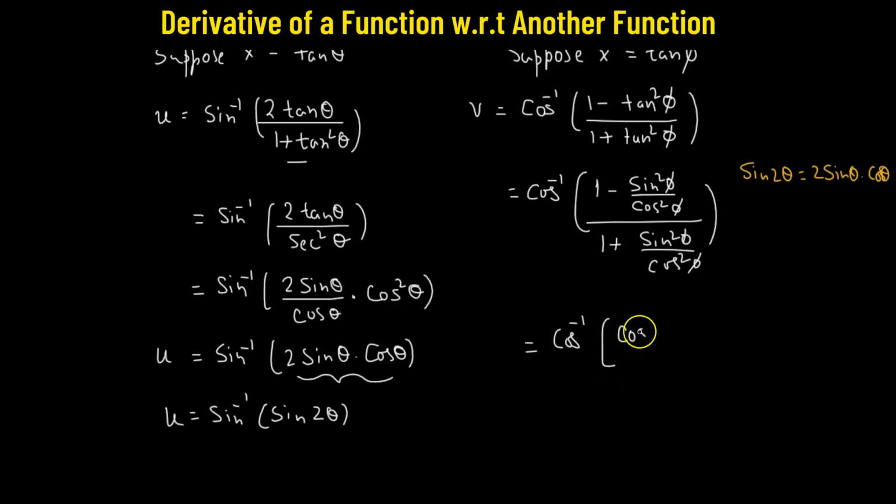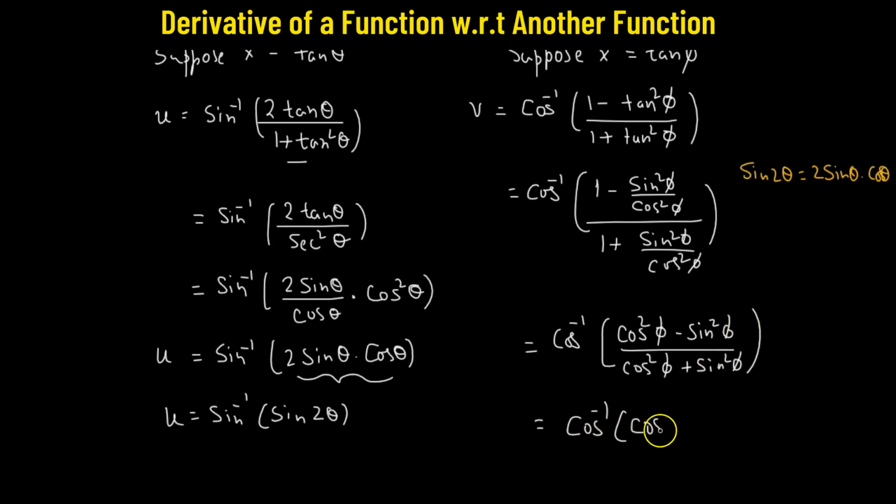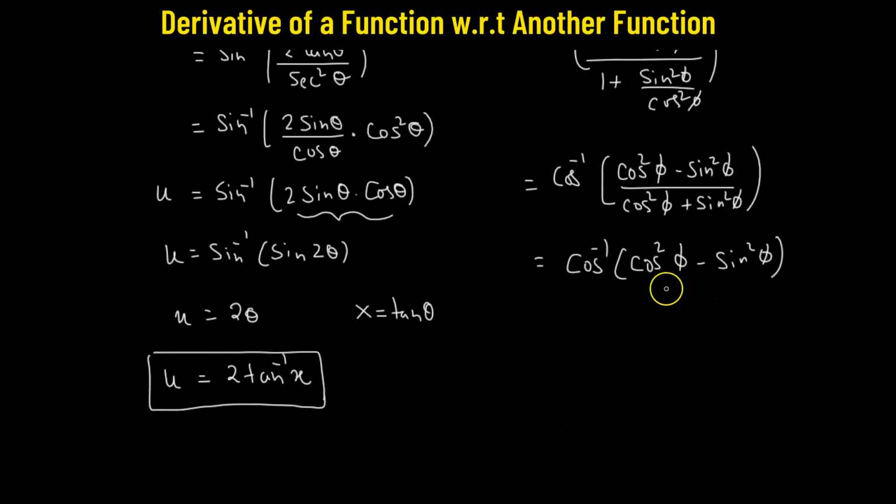So this will give us cosine squared phi minus sine squared phi divided by cosine squared phi plus sine squared phi. Now the denominator, cosine squared phi plus sine squared phi, is an identity with a value equal to 1. So we get cosine inverse of cosine squared phi minus sine squared phi. Then again we have an identity, so this is equal to cosine inverse of cosine of 2 times phi, and this is our v.